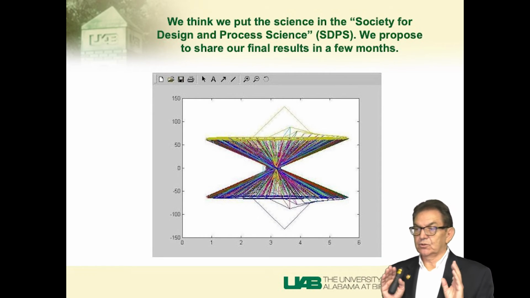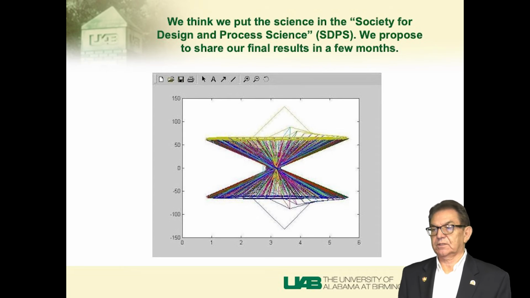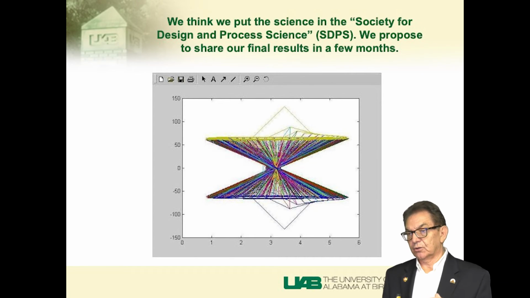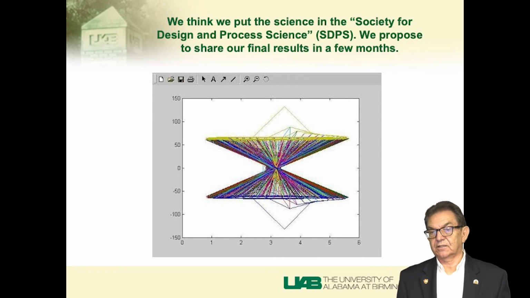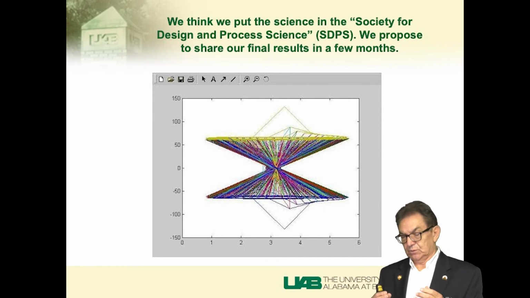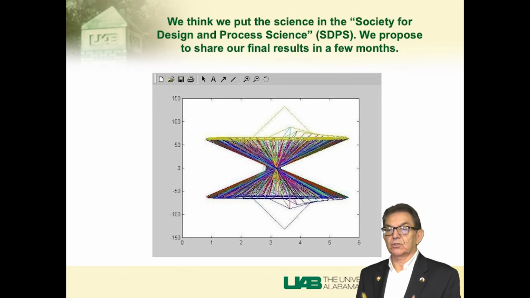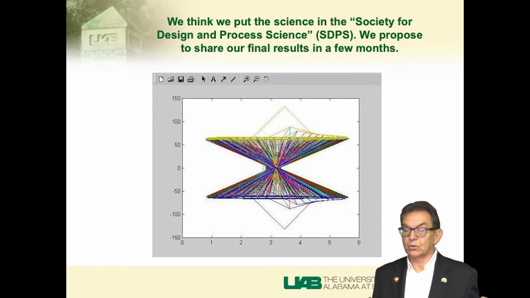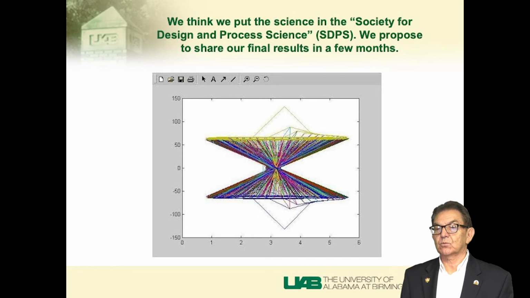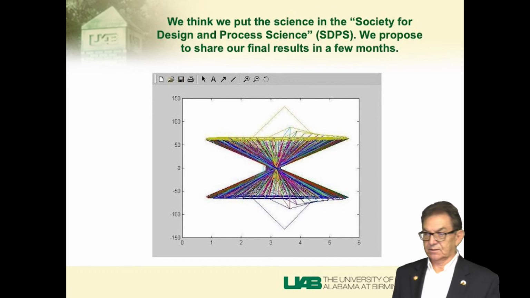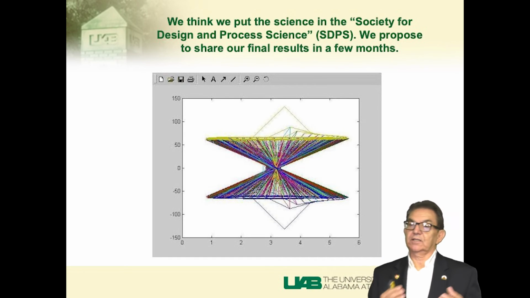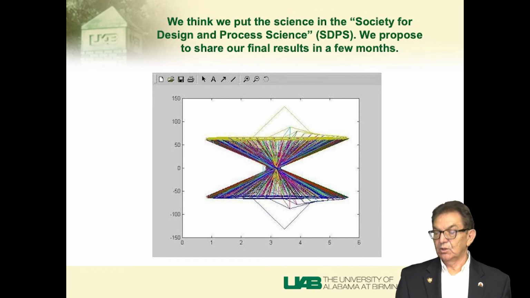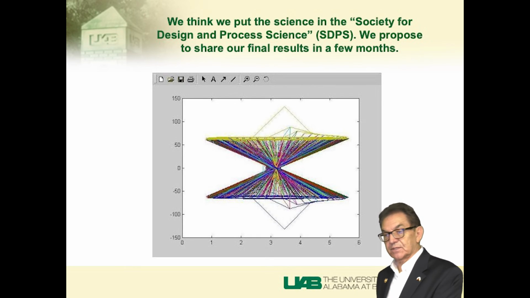The way Society for Design and Process Science was introduced, the first idea was, let's develop a society for design, and then we said process, because design and process cut across all disciplines. That is why we named it the Society for Design and Process Science. This presentation is not about Society for Design and Process Science, nor the Integrated Systems Center.